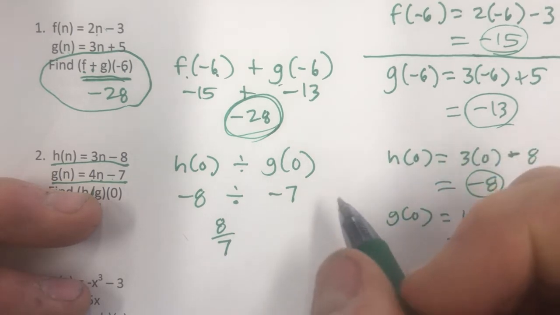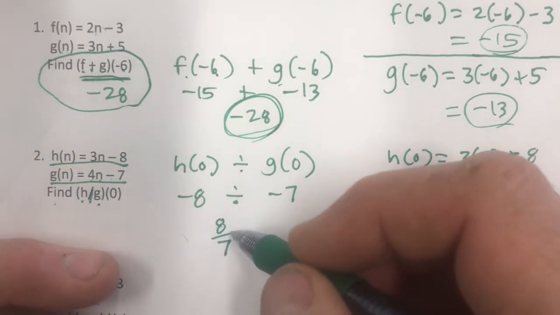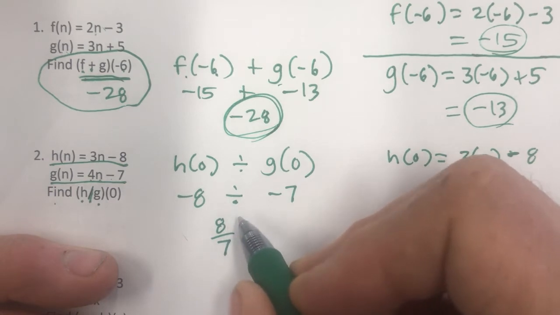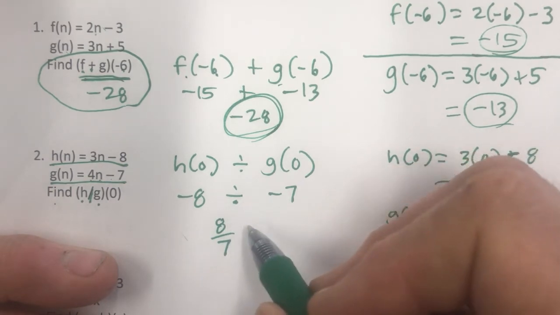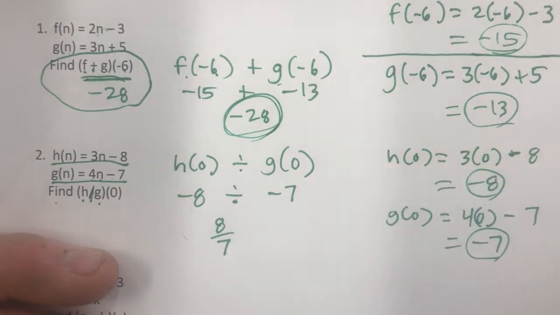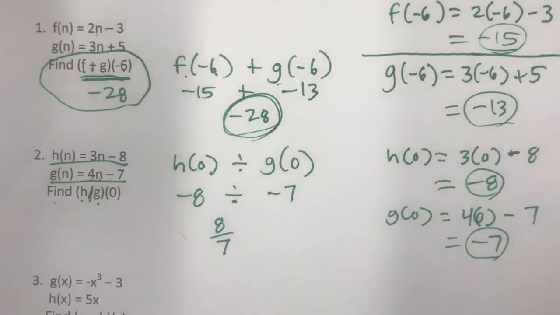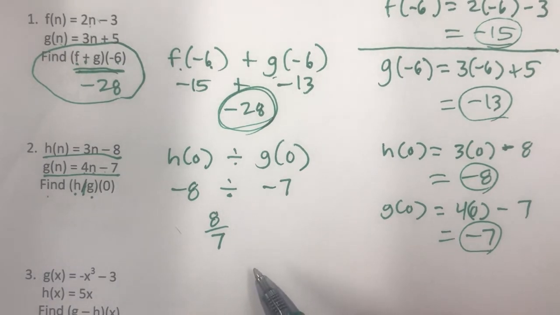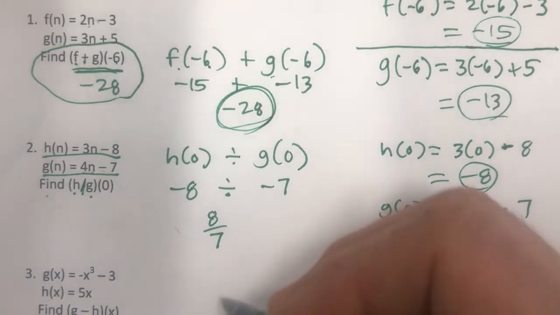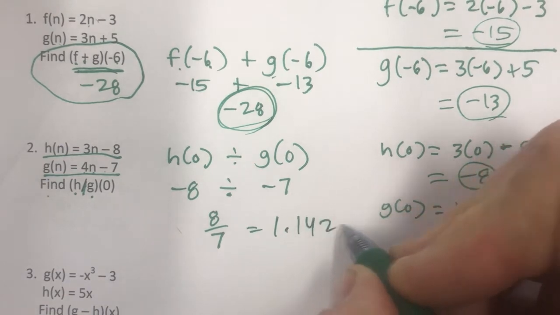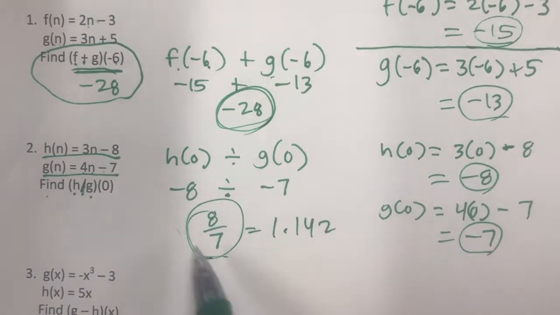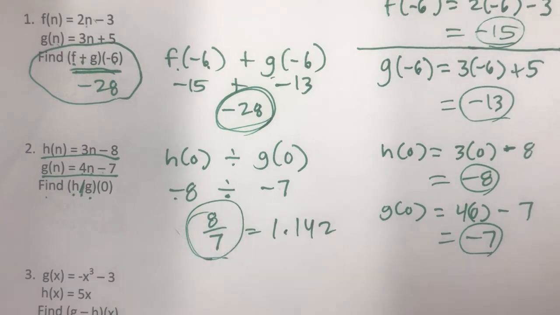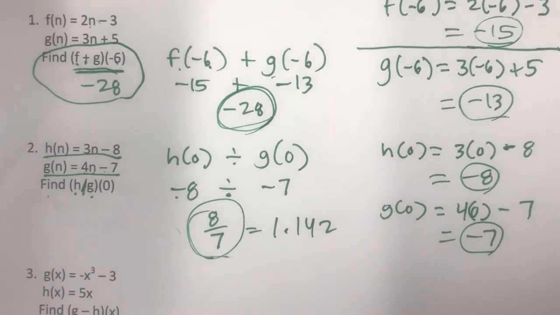It will come out to be a decimal, maybe, but I think we'll just leave it as a fraction, 8 over 7. If you divide it, negative 8 divided by negative 7 is 1.142, whatever. But when I simplify it, the negatives will cancel. All right.